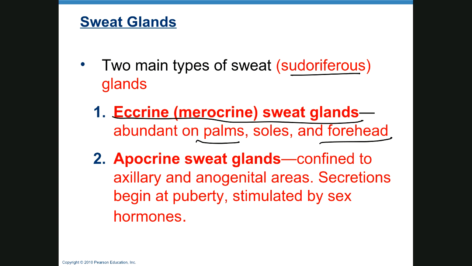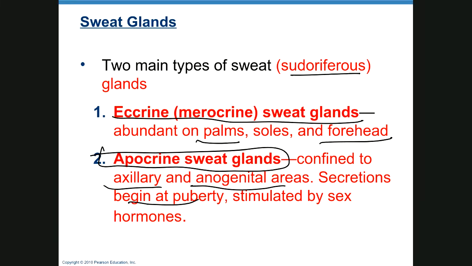The other type of sudoriferous glands are called apocrine sweat glands, and they are located in specific parts of the body, mainly under the arms, the axillary area, the pubic area, and the genital area, and they secrete an oily and proteinaceous type of secretion that starts being made at puberty due to the actions of sex hormones, estrogen and progesterone.